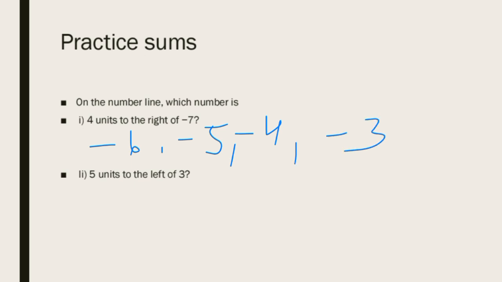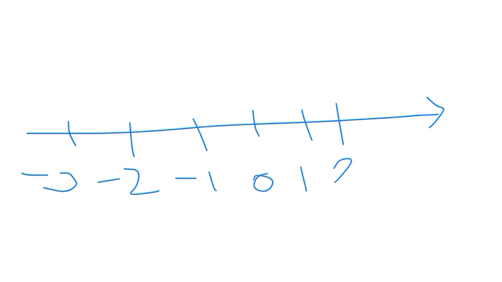Next, on the number line, which number is 5 units to the left of 3? Draw the number line: -3, -2, -1, 0, 1, 2, 3, 4.